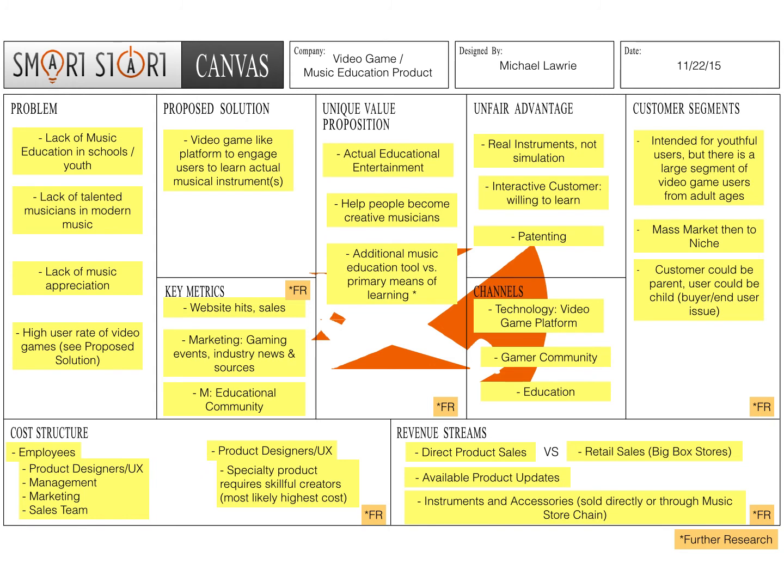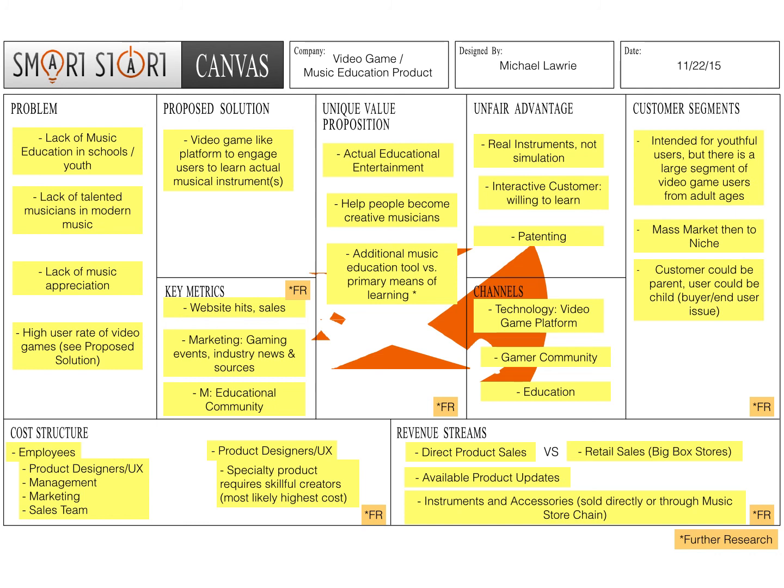I also want to include my initial Smart Start Canvas from my last course. With this, I was focusing on the video game community. That changed a lot of things once I made the shift. The problems on this first canvas aren't really customer problems. They're more just general views, so I wanted to change that.